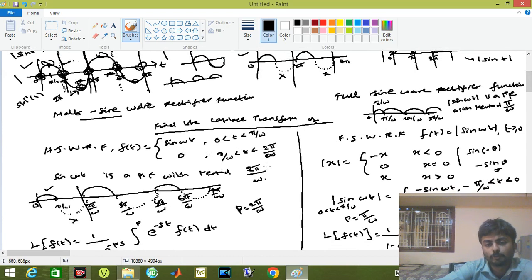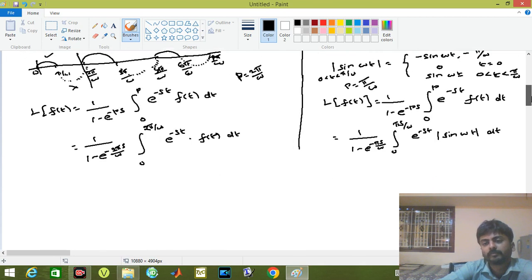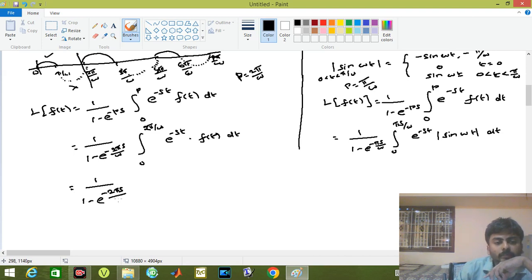For pi by omega to 2 pi by omega, you will get 0. So you have to split the function like that. In the same way, they have given modulus of sine omega t for t greater than 0, that is why I have mentioned modulus. Okay. So here it will become 1 divided by 1 minus e power of minus 2 pi s by omega, integral 0 to 2 pi by omega.